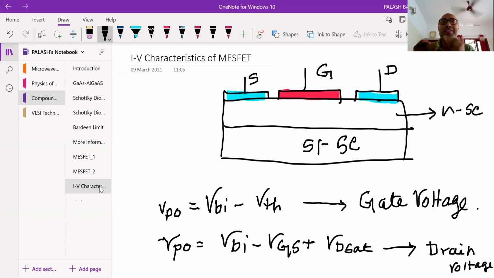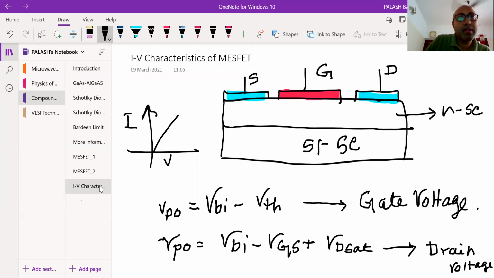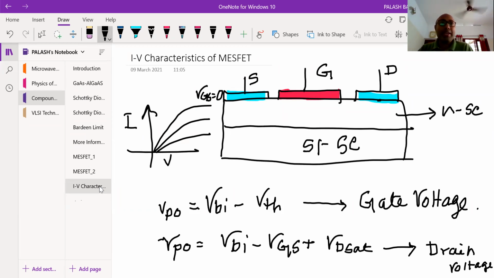If you consider our IV characteristics, this is VGS equal to 0, right? You are always applying a drain to source voltage, and it is ID. You have a drain current and a drain to source voltage.